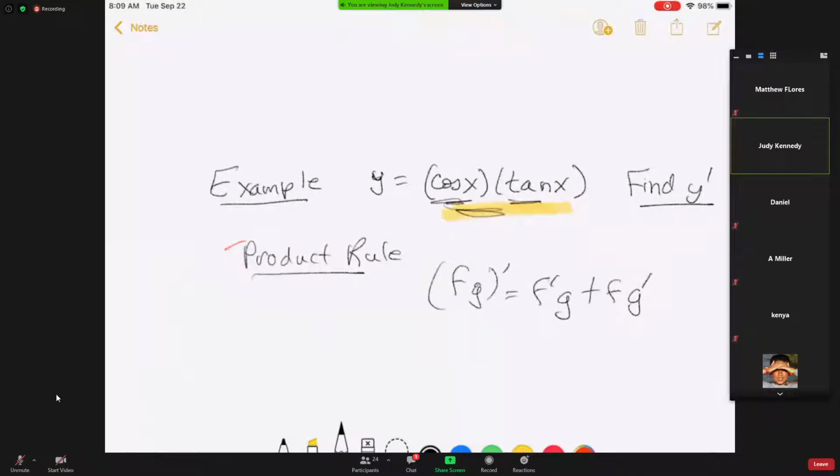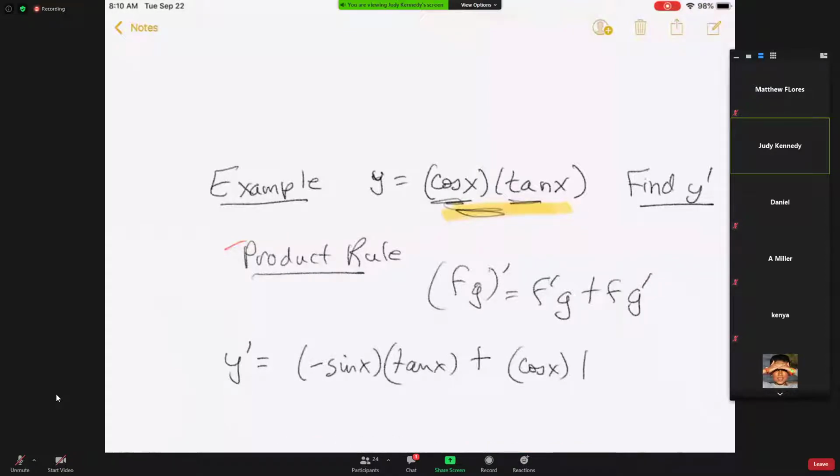So y prime would be F prime, which is the derivative of cosine, that's minus the sine of x, times the tangent of x, plus F, the cosine function, times the derivative of the tangent function. And there you have it.